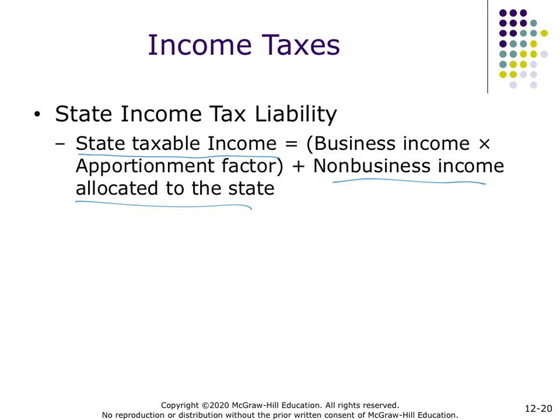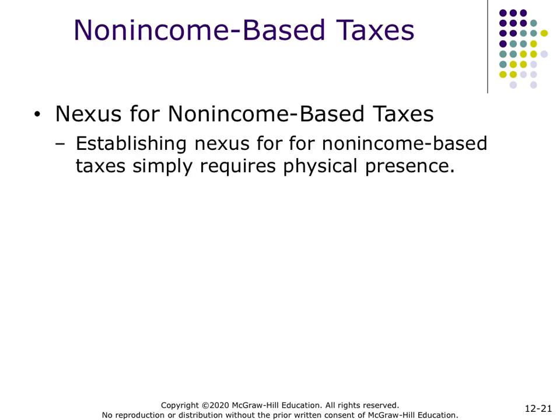This right here is where I typically see folks forget things, so pay attention to capital gains, interest, and royalties for those types of items. What about non-income based states? Then you just have to worry about physical presence.